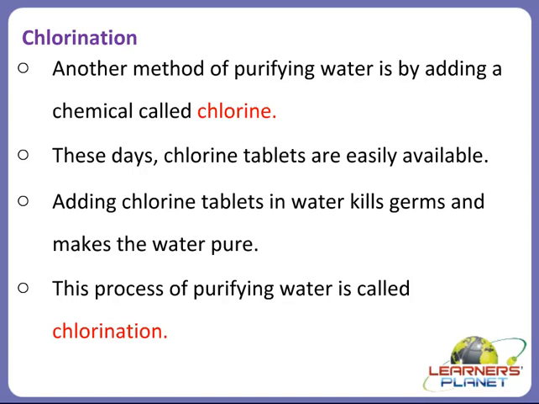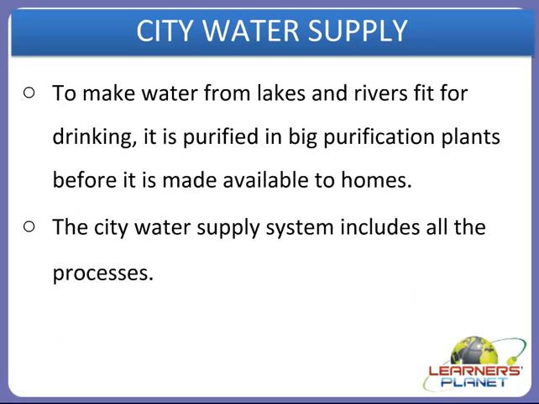Now let us have a look at the city water supply system, in which we get the pure, clean water. How do we get the clean water? Yes, to make the water from the lakes and rivers fit for drinking, it is purified in big purification plants before it is made available to homes.